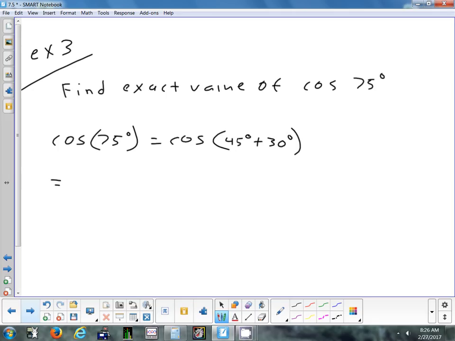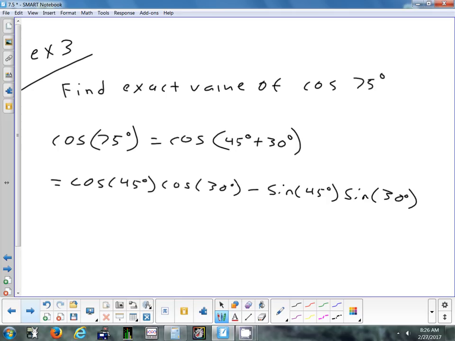Cosine of 45 times cosine of 30 minus the sine of 45 times the sine of 30. And every one of those are the exact same numbers we just did in the last problem. So we're going to end up with that square root of 6 again somewhere, and a denominator of 4. We just have to remember what these are.